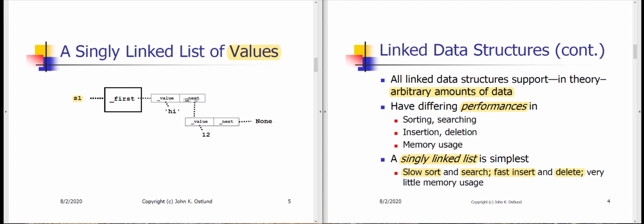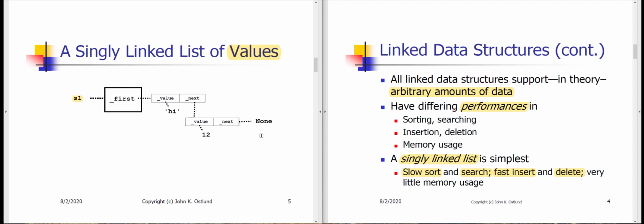And the next data attribute, _next, I should be explicit about that, refers to the next node. Okay? That next node's _value is 12, and that next node's _next is None.